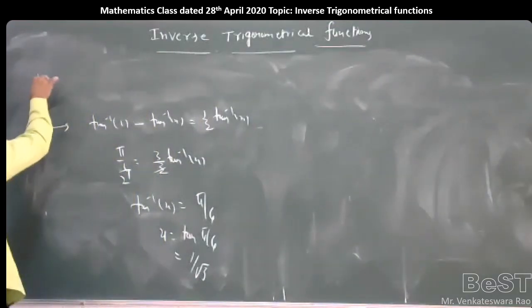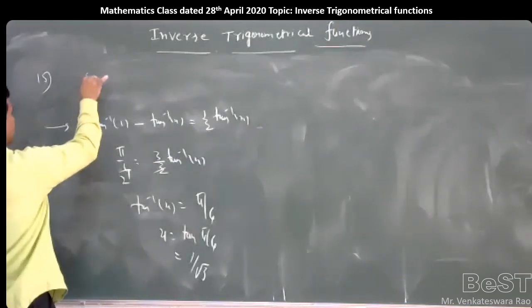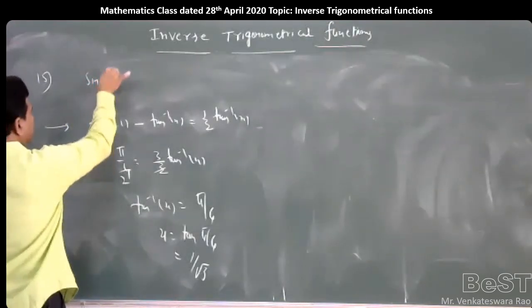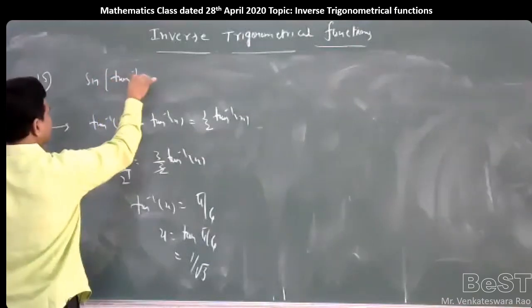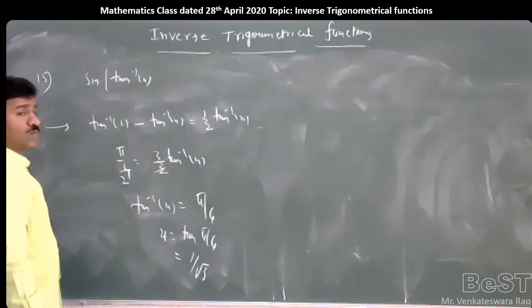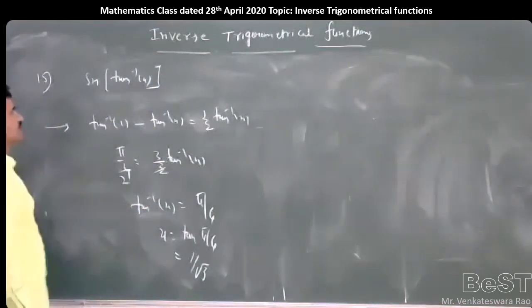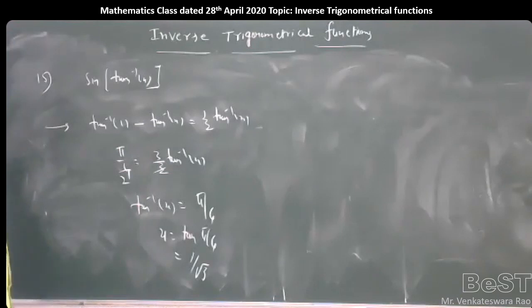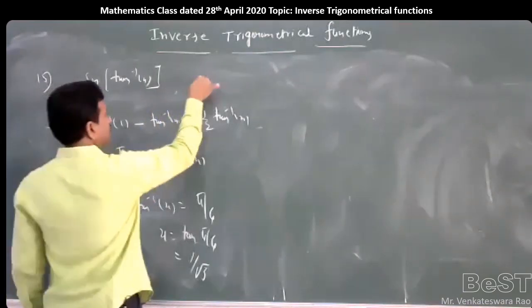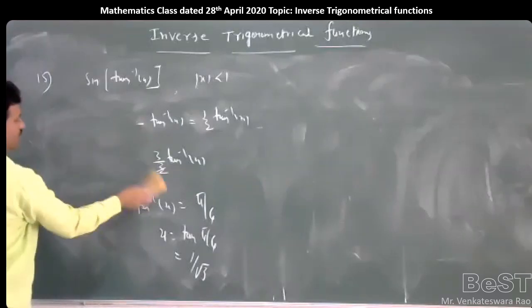So the 15th problem. Sine of tan inverse of x, this value we have to find, right? Sine of tan inverse of x value, mod x value less than 1. Case set problem.